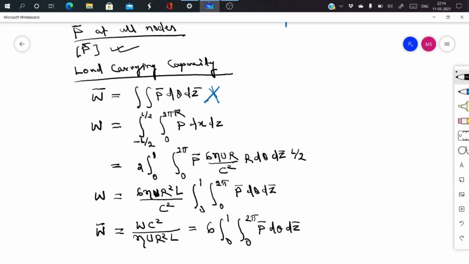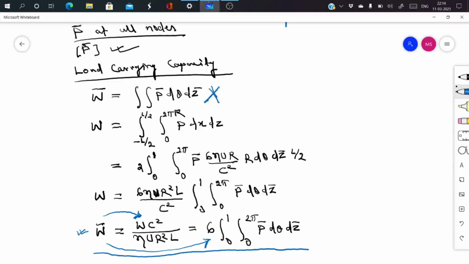Okay, so this is your non-dimensional W, load carrying capacity. So basically this W bar is equal to this much. Okay, and how do you relate dimensional to non-dimensional? By using this. If you want to calculate the dimensional W, then you have to multiply W bar by eta u r square L by c square, and that will be W.